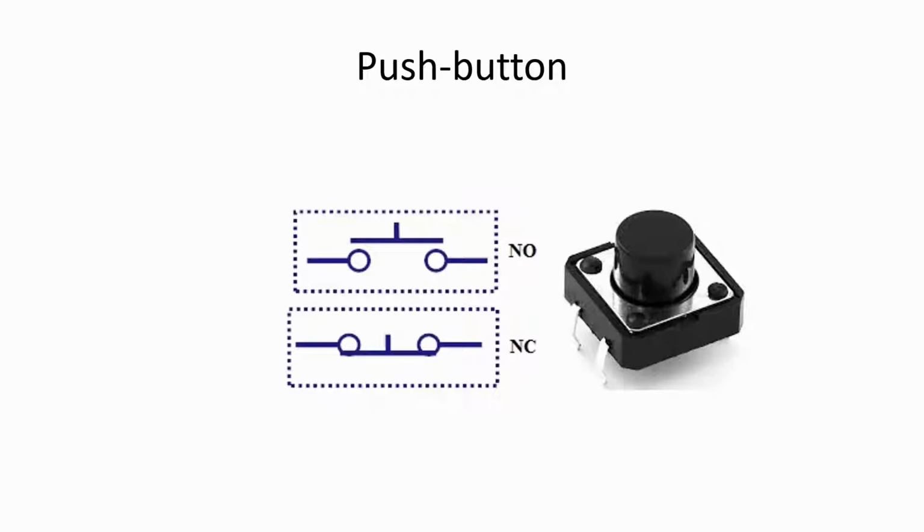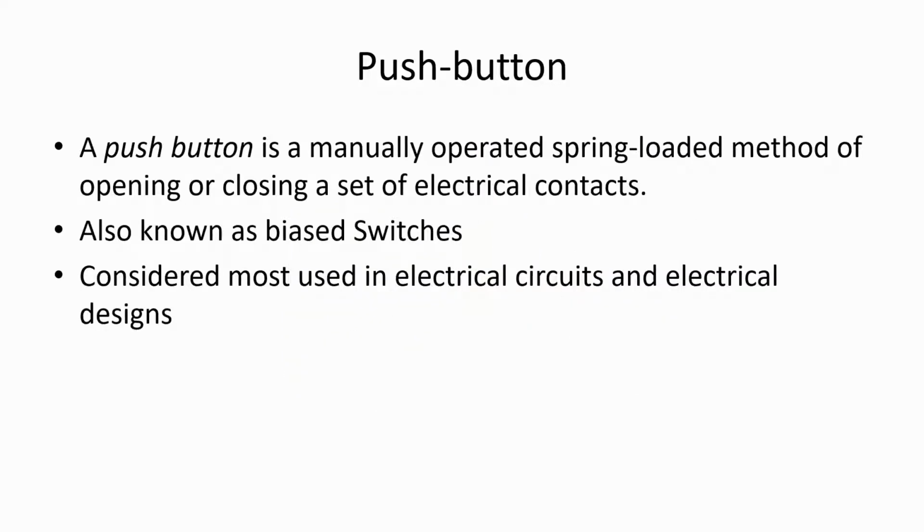When the user pushes the button, the status changes. The normally open contact will be closed and the normally closed contact will be open. So a push button switch is a manually operated switch. It is used to give input from the user.